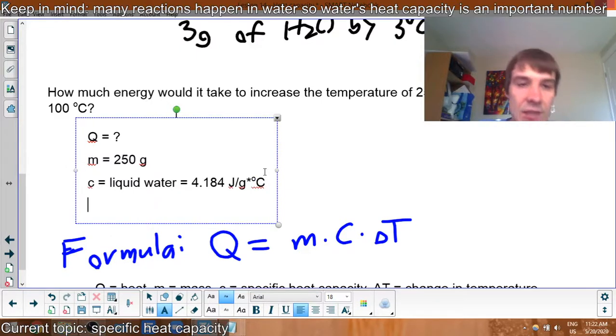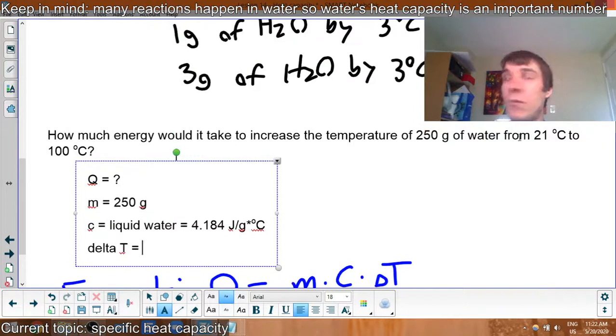And our change in temperature, delta T, right? Change in temperature is how much? Well, we're starting at 21 degrees Celsius and we want to go to 100 degrees Celsius. So it's 100 minus 21, right? It's plus 79 degrees Celsius.